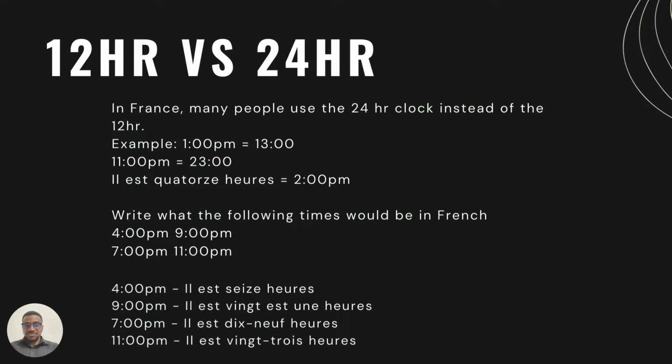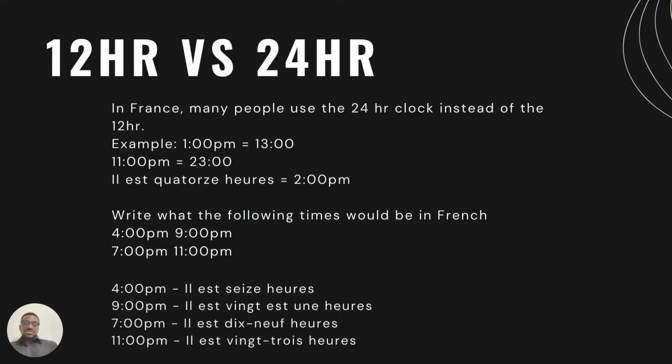Same as if you have 11 p.m., we then say it's 2300 hours. So the same thing also exists in French, where you can have your 2 p.m. and then using the 24-hour notation, it'll be 1400 hours, like you have 14 hours. So it therefore becomes il est 14 heures. Il est 14 heures, from 14.